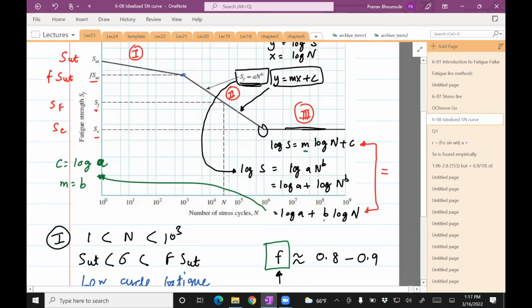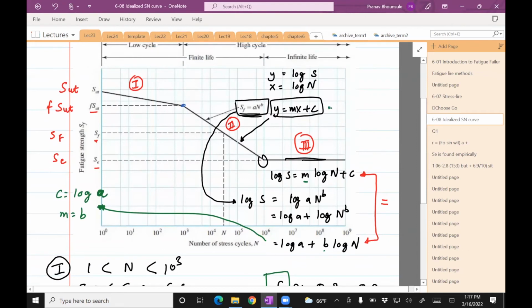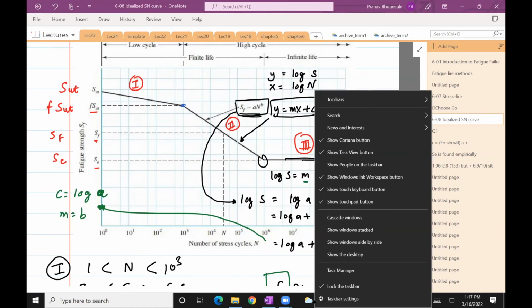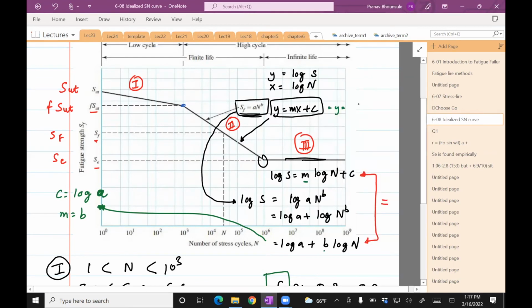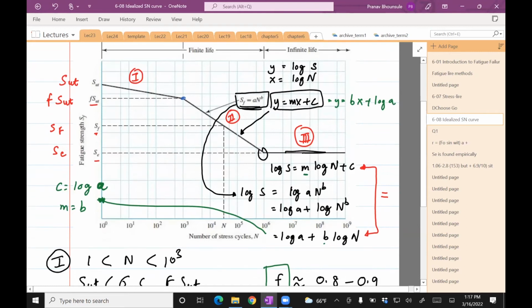So if this is the equation of the straight line, y equals m x plus c, then m is b and c is log A. So that sort of convinces us that the equation of a straight line y equals m x plus c, where y equals b x plus log A, if you get rid of the logs, you'll get S_f equals A times N raised to b.